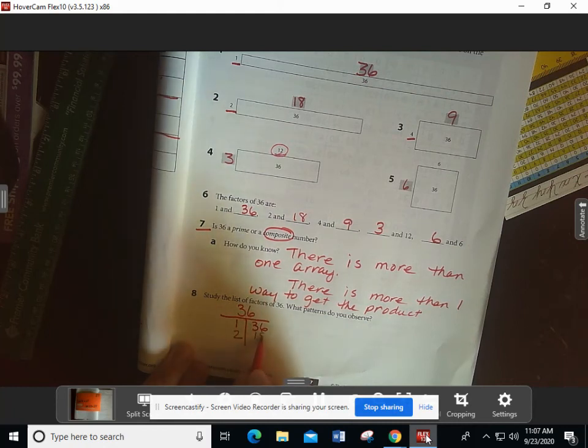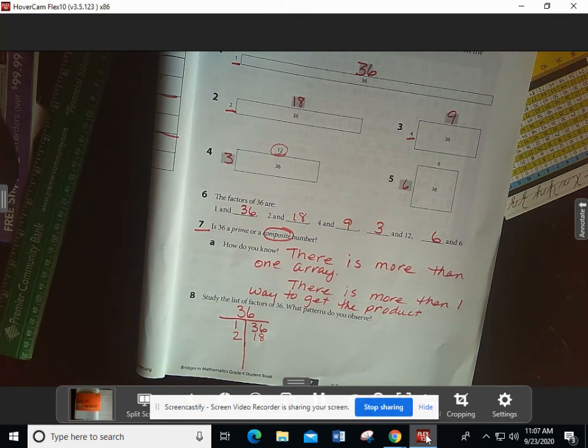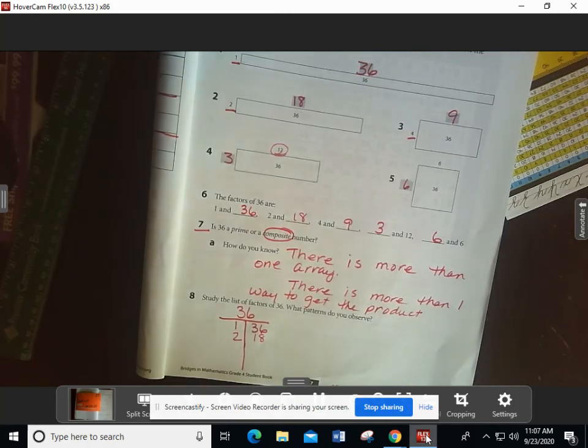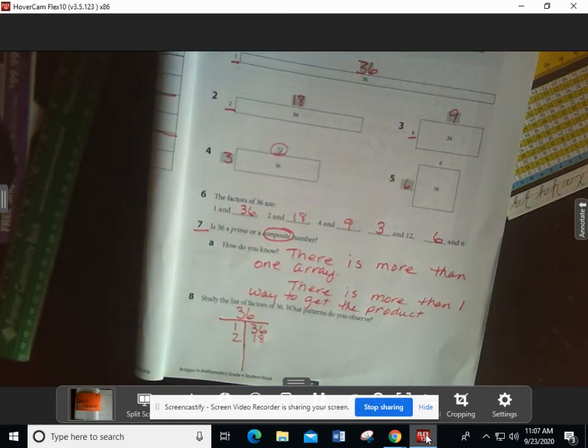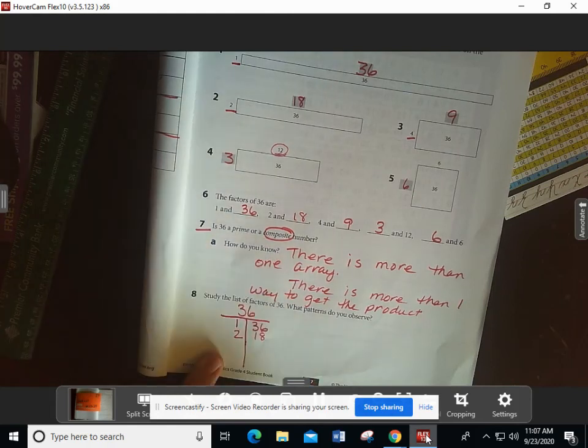2, and 18. Now remember, I've told you, numbers are predictable. Look for the patterns. Do we have a pattern that's forming? Do we see any patterns right now? Did we double?